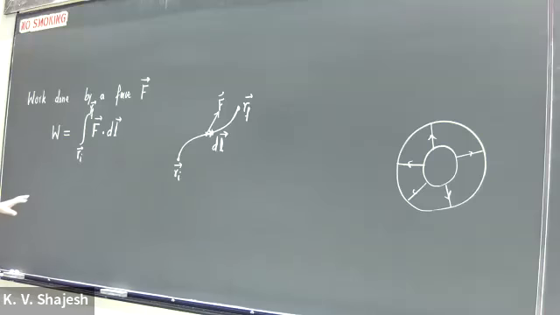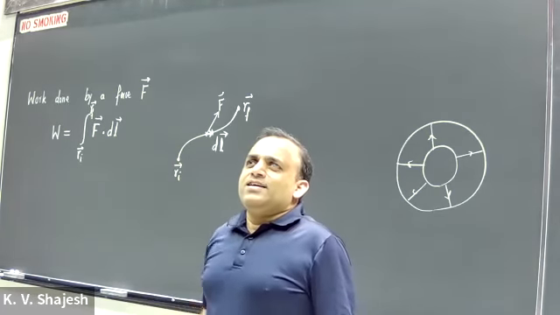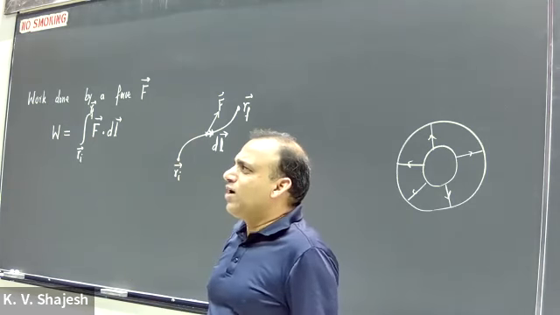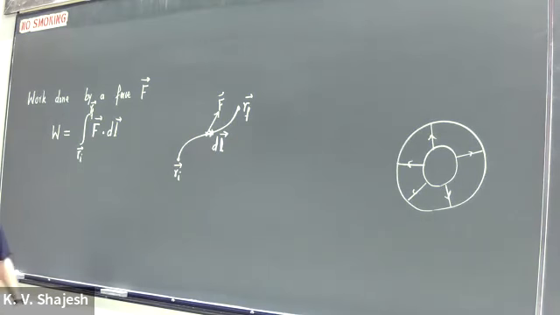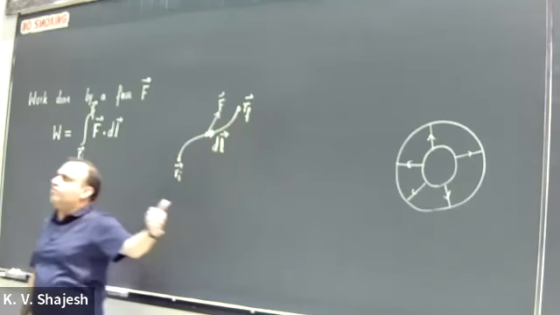Is that a precise enough formula? Is something missing in that? You remember from last semester or from your definitions of work done? The definition I've given has an ambiguity. What is the ambiguity? To go from R initial to R final, there are many ways of reaching there.